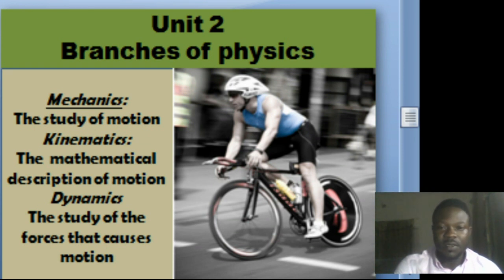Kinematics simply means the study of motion without dealing with what causes the motion. That is, it deals with the mathematical description of motion. But dynamics studies the causes of that motion, which is of course force, either contact or non-contact. So motion, whether you are sitting down or running or doing anything, everything falls under mechanics in physics.